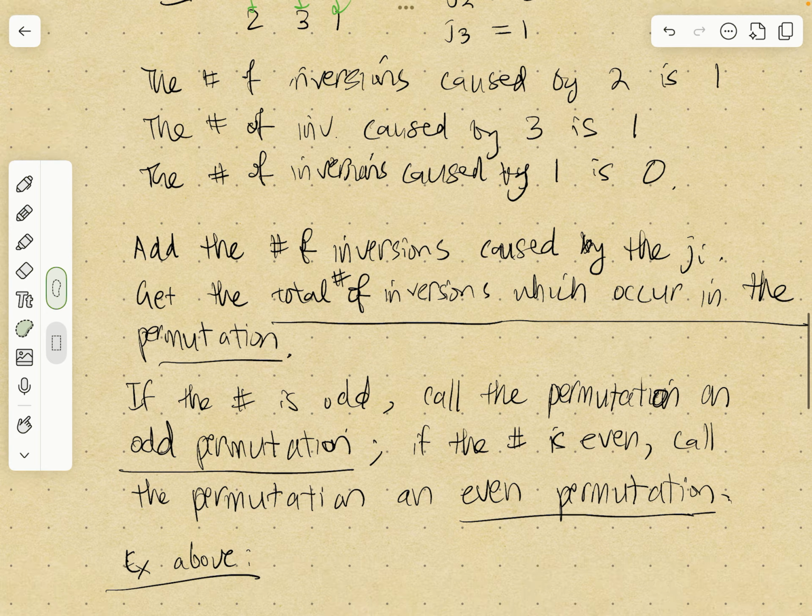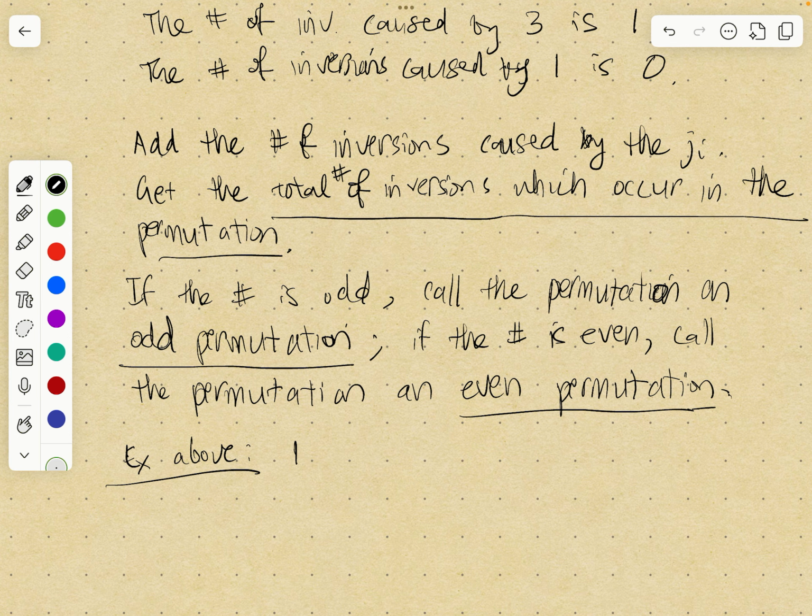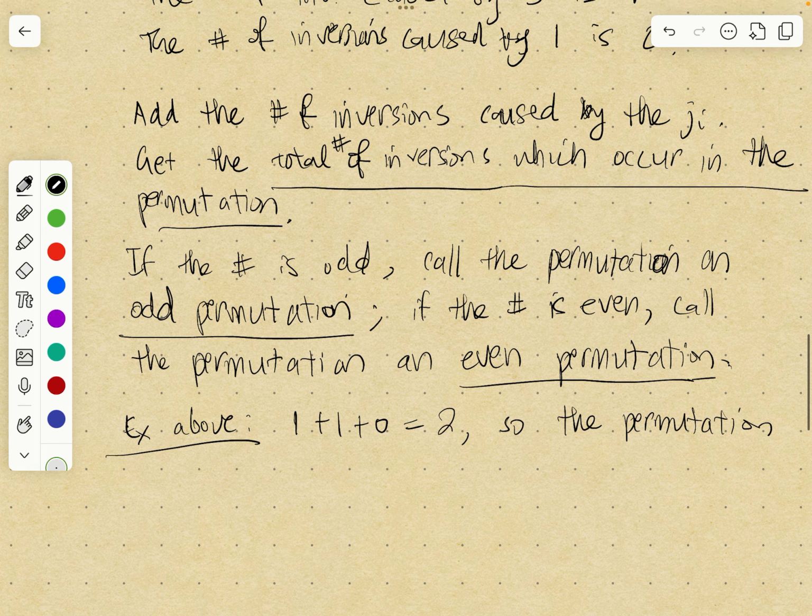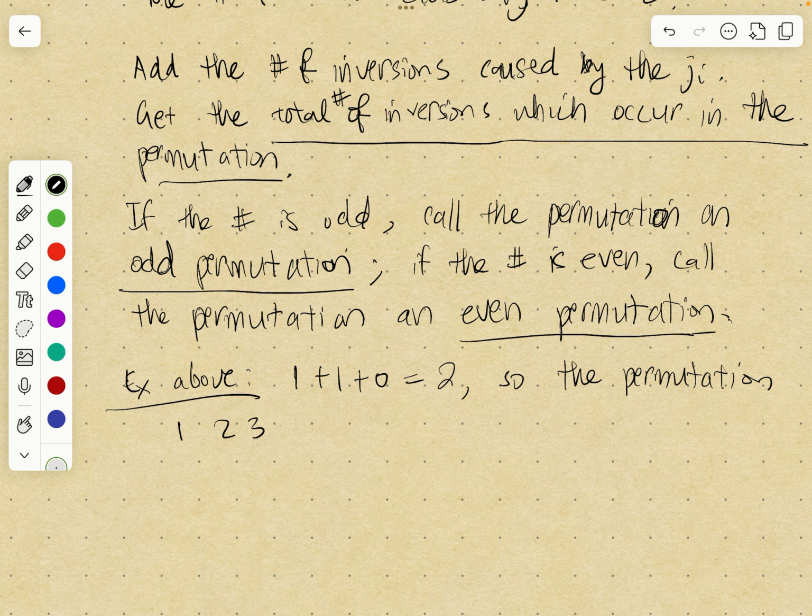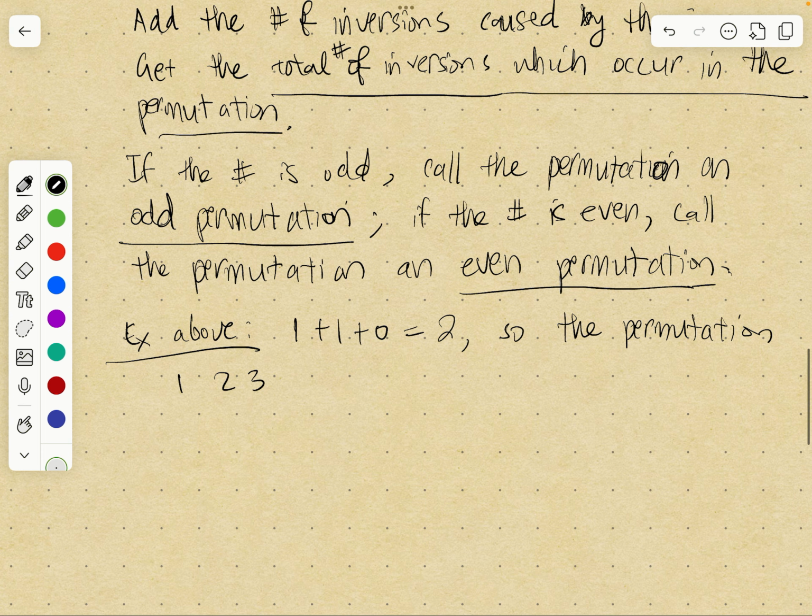When the total number is 2, so the permutation that takes 1, 2, 3 to 2, 3, 1, these are arrows, is an even permutation.